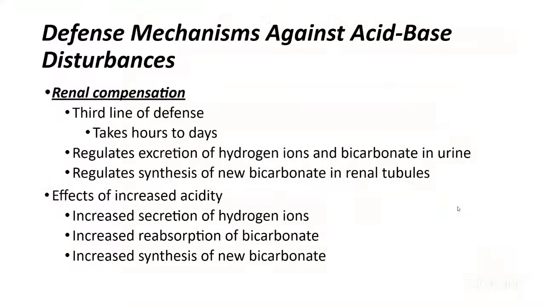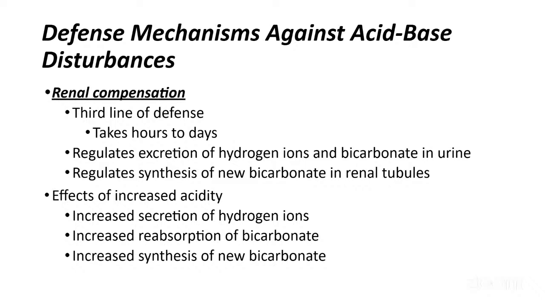Okay. Well, that's the job of your kidneys, right? So renal compensation is our third line of defense, AKA the slowest acting here. And this is going to take you hours, maybe days, to adjust your pH using your renal system, using your kidneys. Now, what the kidneys are doing with respect to acids and bases and pH, they're going to be regulating excretion of hydrogen ions.